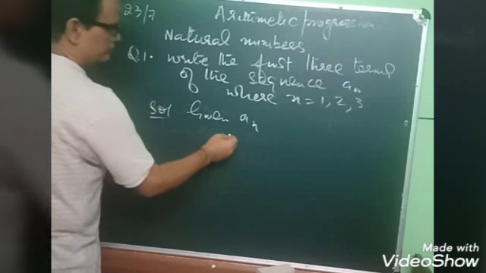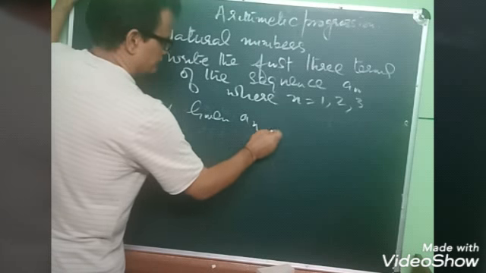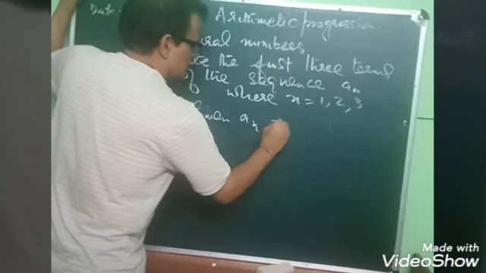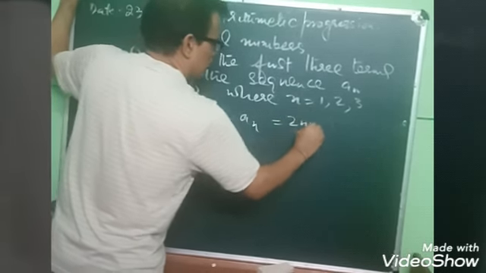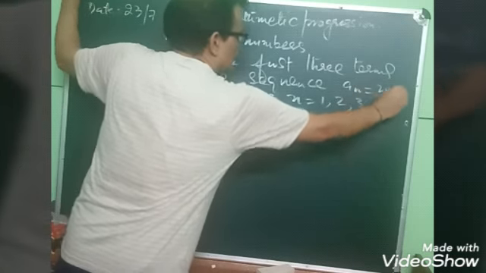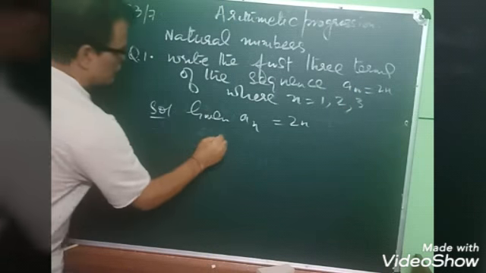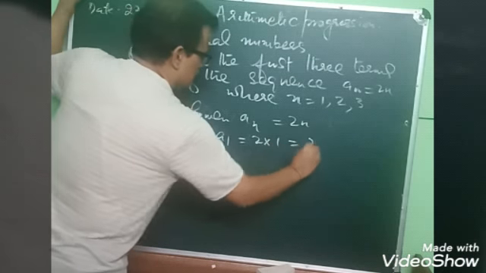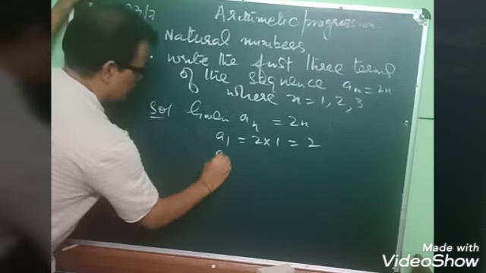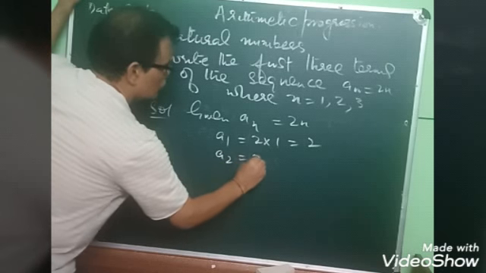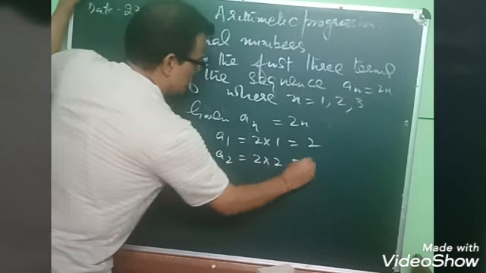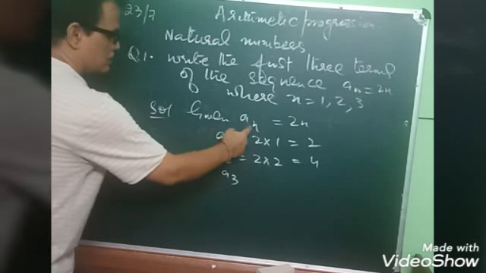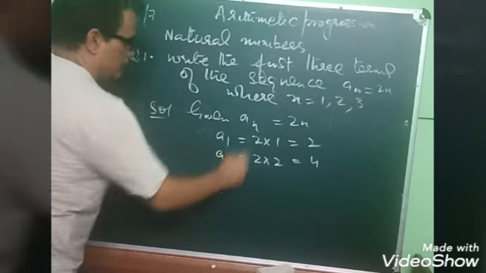So we can write an is equal to 2n. So a1 is equal to 2 into 1, that is equal to 2. Also a2 is equal to 2 into 2, that is equal to 4. And a3, because n is a natural number, 1, 2 and 3, so these 3 we have to write.